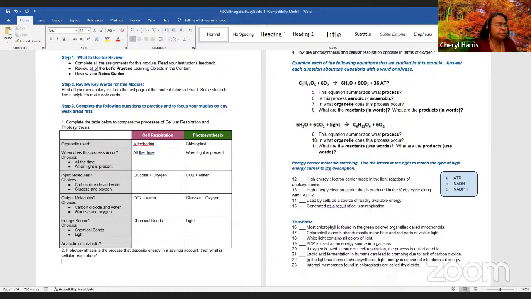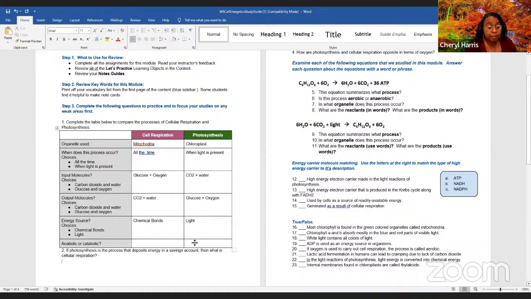Okay, let's go back. Catabolic means to break down. So we're taking that glucose molecule, and if you remember, we're breaking it down into two pyruvate molecules, and then we're breaking it down so that we release carbon dioxide. So we're breaking that one down. With photosynthesis, we're taking the carbon dioxide and the water, and we're putting them together to build something.